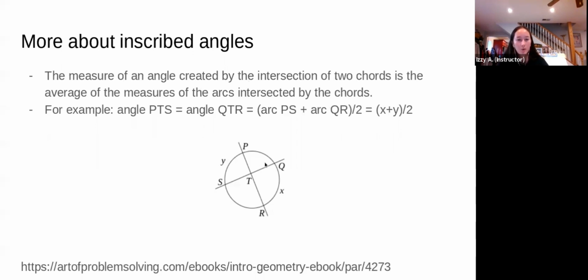For example, angle PTS is going to be equal to angle QTR, and that's going to be equal to arc PS plus arc QR divided by 2, or X plus Y divided by 2. This is basically finding the average of two different arcs that are intersected by chords. It might sound complicated at first, but it's just finding the average.